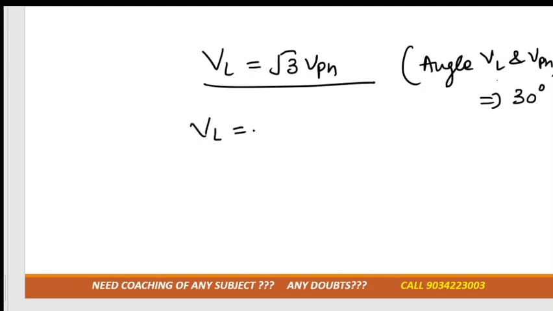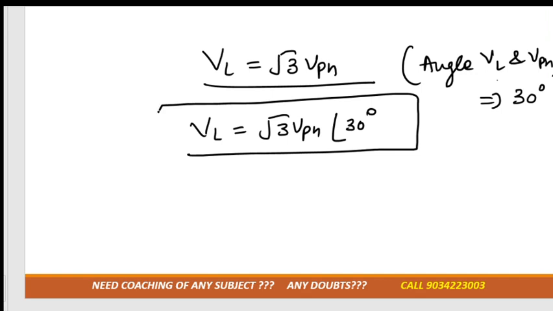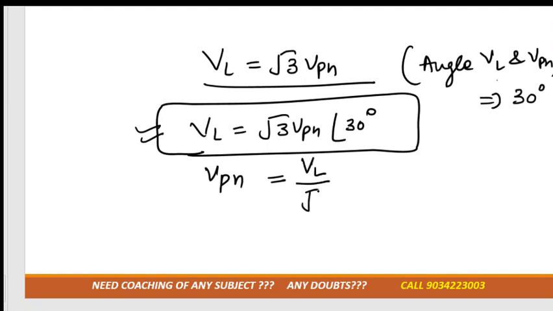So we write VL is equal to root 3 VPH, angle 30 degrees. You need to remember this, for the star connection. If we want to calculate the phase voltage, then VPH would be VL by root 3 and the angle would be minus 30 degrees. Understood?